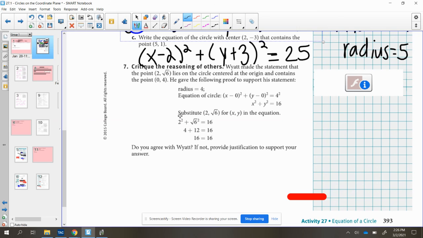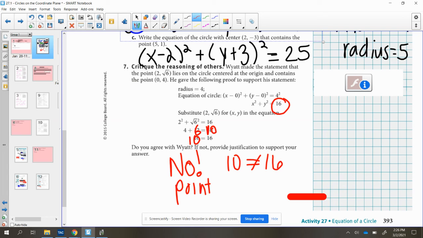But remember, 2 squared is 4. Square root of 6 squared is not 12. This should have been a 6. So 4 plus 6 is only 10. 10 doesn't equal 16. So it's going to be wrong on this one, because 10 does not equal 16. This point can't be on the circle.